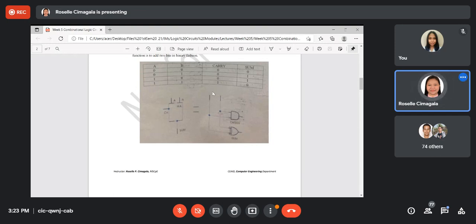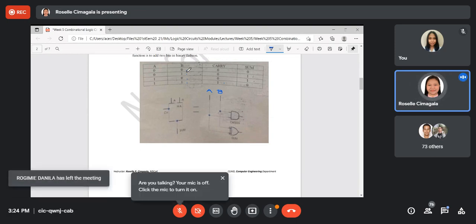So, si Carry, with inputs A and B, kung ang A or B is naay 0, ma-1 na siya kung 1 both. So, carry, AND gate na iyahang logic gate. It represents an AND gate. Si sum, it represents an XOR tungod kay ma-1 siya kung 2 inputs are lain-lain.